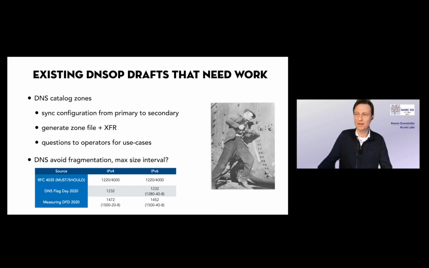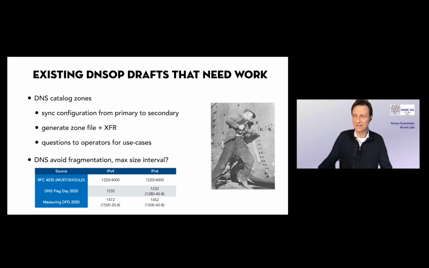RFC 4035 defines 1220 for IPv4, IPv6, and 4000 should. But DNS Flag Day last year introduced a recommendation of 1232. This was really an operational value that worked very well in operational environments.